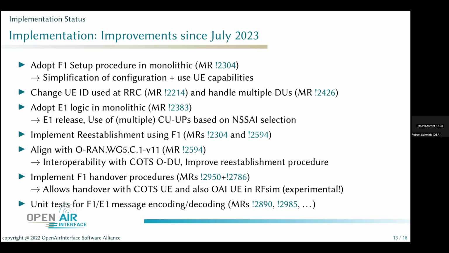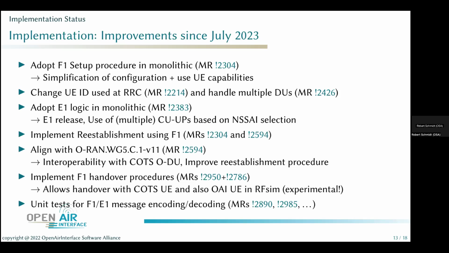So the 3GPP specifies F1, but ORAN also has a couple of specs that actually say, okay, specific things need to happen like this or that, so that it's done properly according to ORAN. This then also ensured some interoperability with commercial off-the-shelf DU that we used.